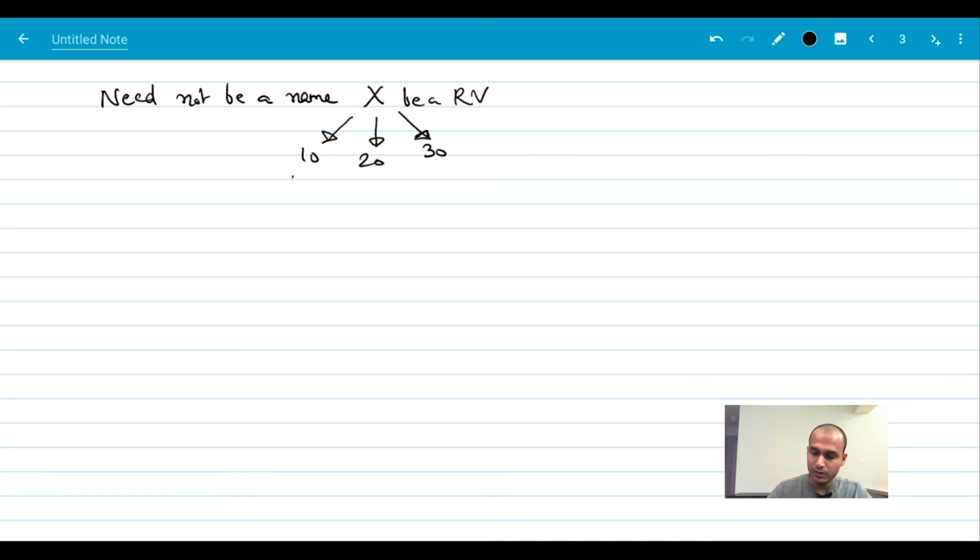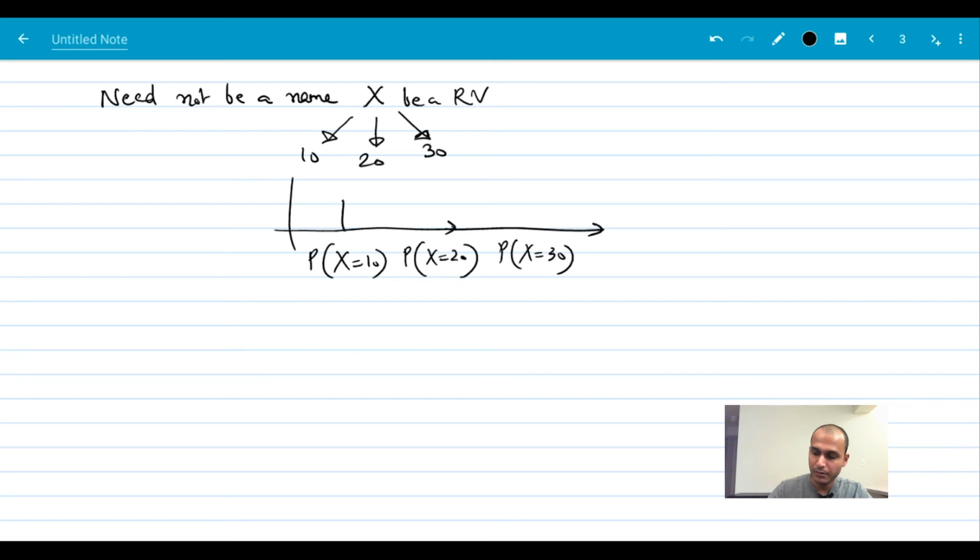Then what I'm going to do is think about the probability of X equal to 10, the probability of X equal to 20, and the probability of X equal to 30. Maybe the probability of X equal to 10 is 1/4, the probability of X equal to 20 is also 1/4, and maybe the probability of 30 is 1/2.